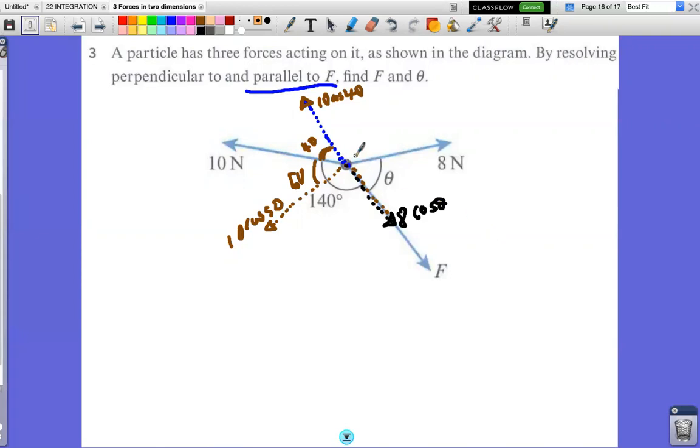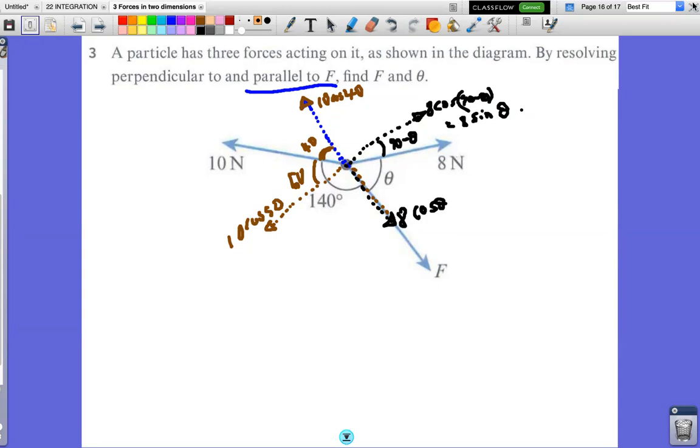And then you also resolve the 8 Newton force perpendicular to F. This angle is theta and this is 90 degrees. So this will be 90 minus theta. So this will be 8 cos(90 minus theta). But cos(90 minus theta) is sine theta. So it's 8 sine theta.